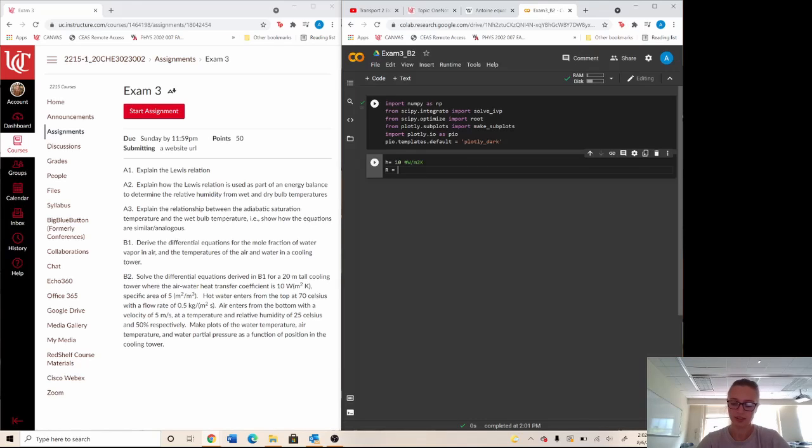So this is 8.314 joules per mole Kelvin. Just typing out all of the units as comments, just so we can keep track of everything and we don't miss a calculation because of our units. So the density of the air, so rho air, is equal to 1.2 kilograms per cubic meter.